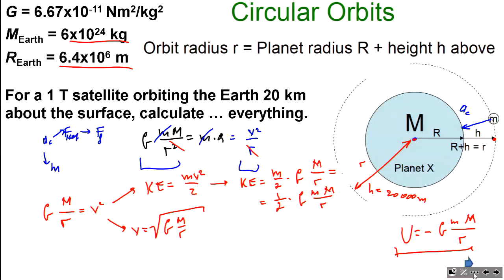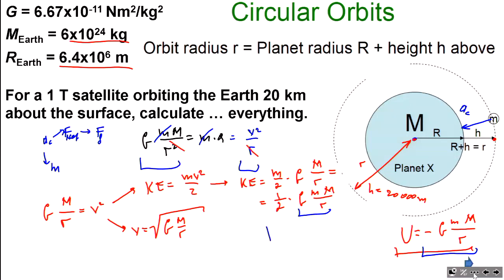So if we compare this expression and this expression, it turns out the kinetic energy of the satellite and the potential energy of the interaction between the satellite and the planet are related.